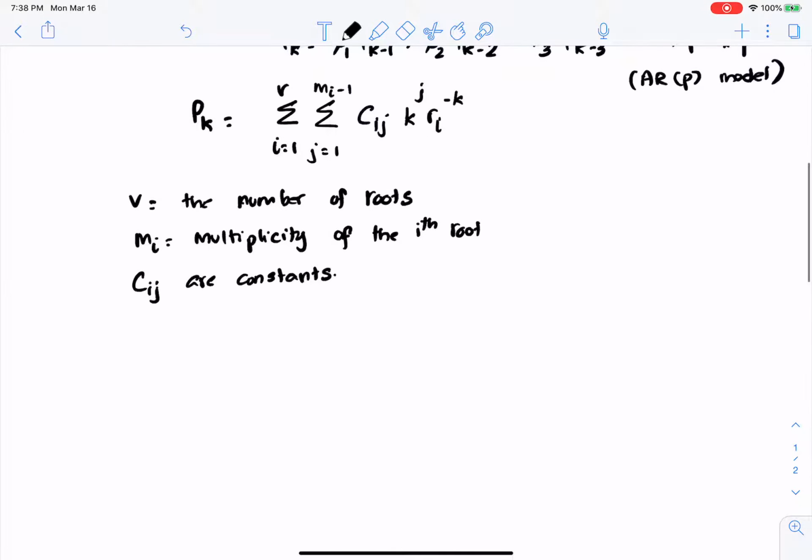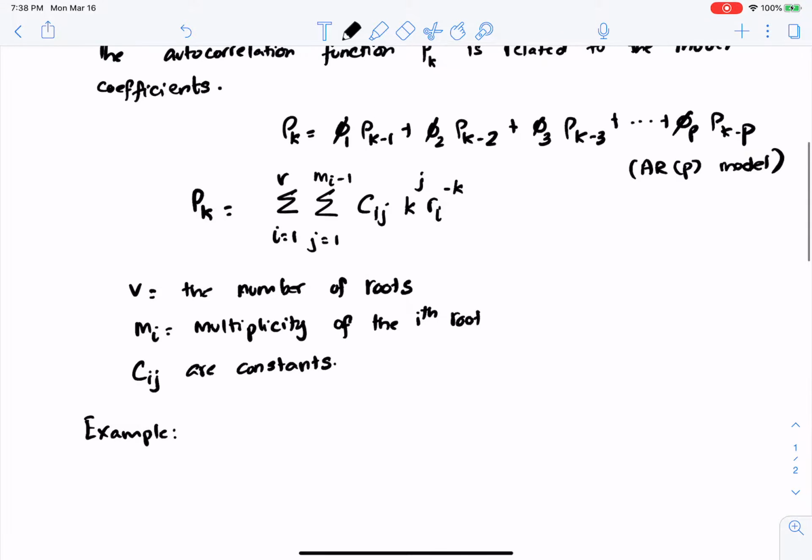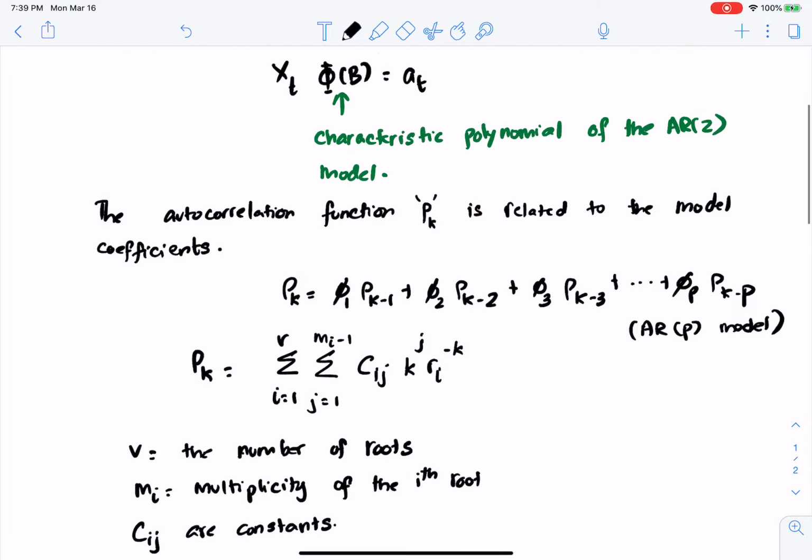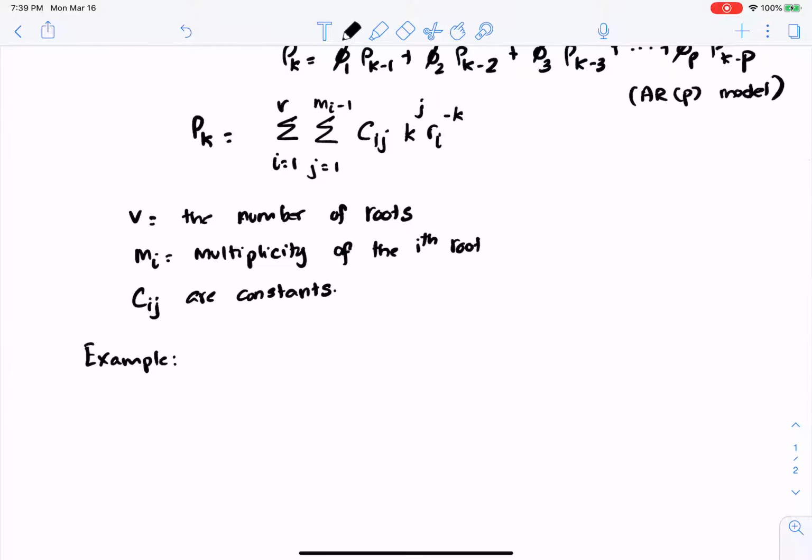So let's consider an example. We sort of have to go for something simple. Let's consider a quadratic equation, x squared plus 3x plus 2 equals 0.